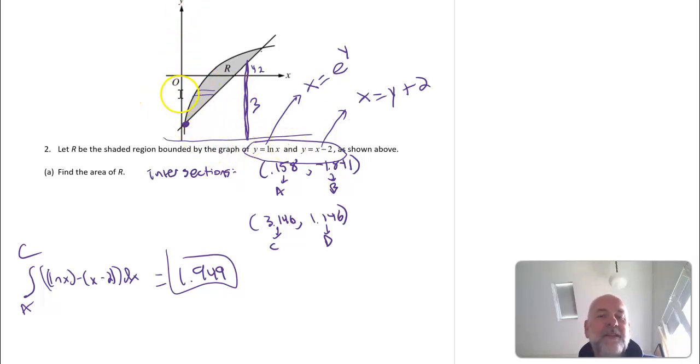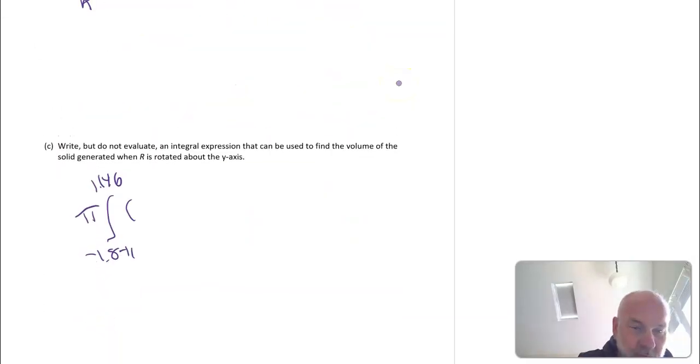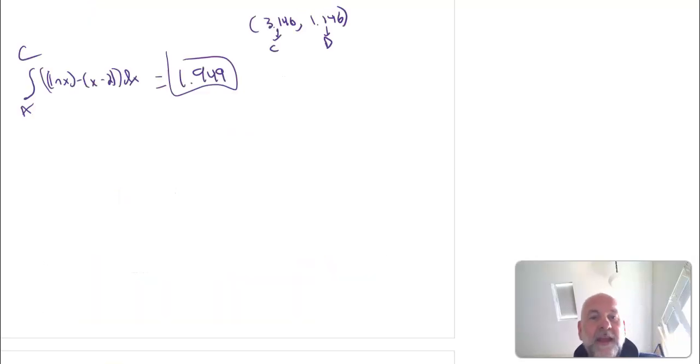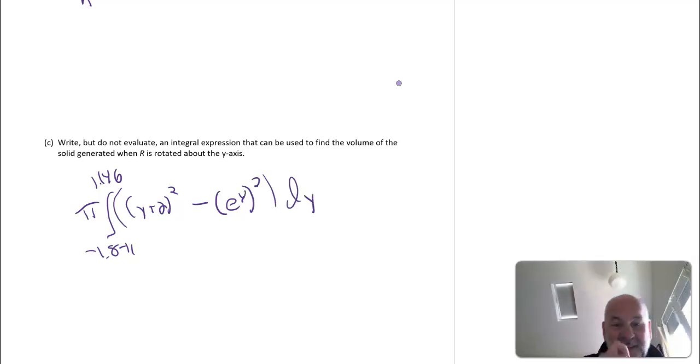And so the outside radius is from here to here. So that's the x coordinate for this one. So that's y plus 2. So it's y plus 2 squared minus e to the y squared dy. And you needed all those components there.